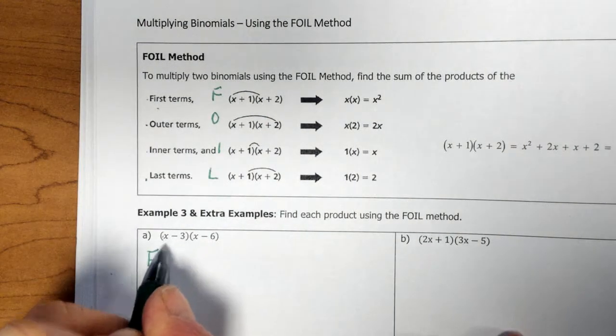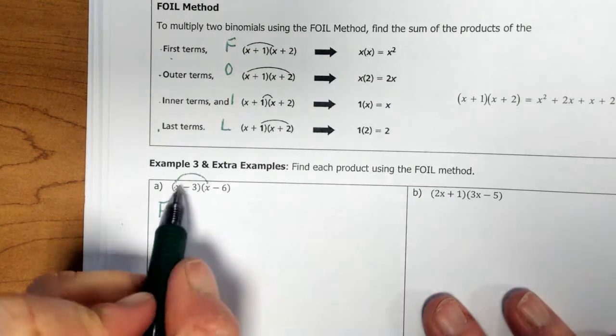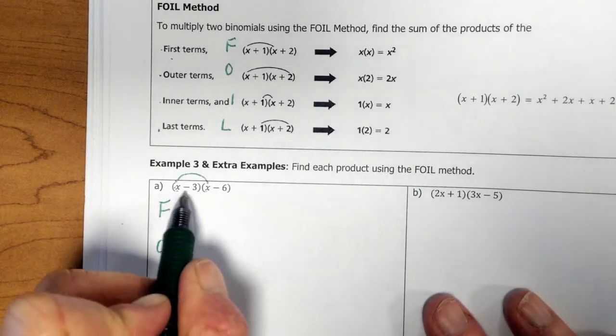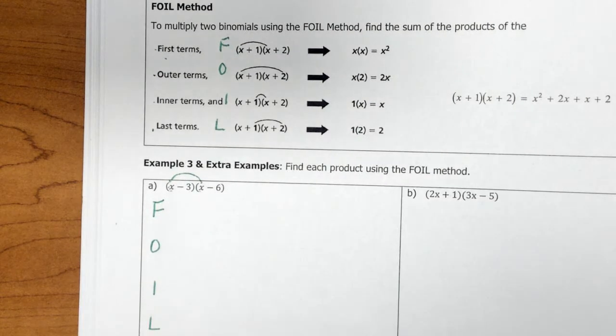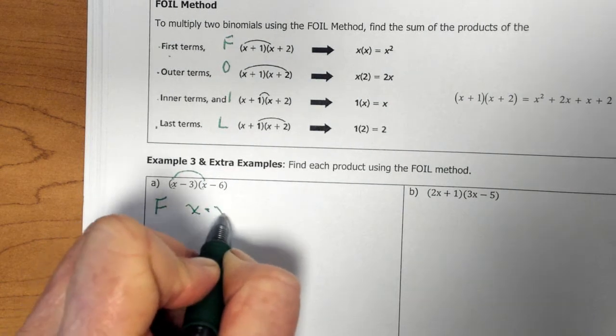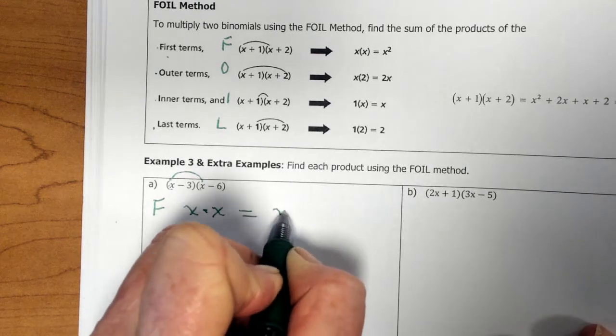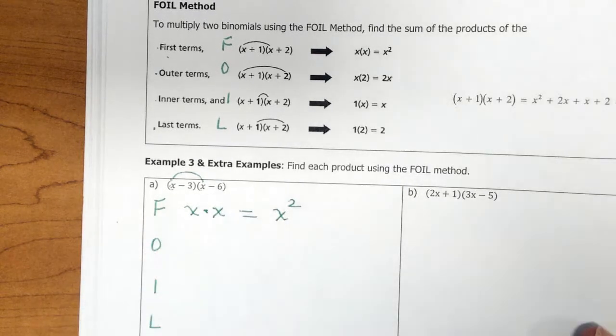So what are my first terms? X and X. They are the first terms in each of my binomials. So I'm going to go X times X. And what is X times X? That's equal to X squared. Okay?